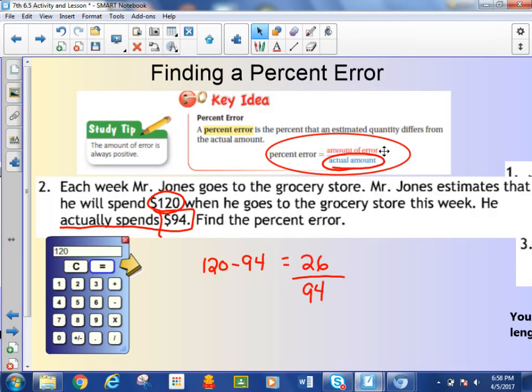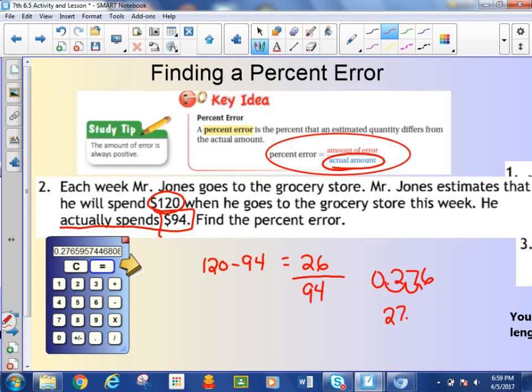Oops, I accidentally hit the plus sign thinking it was a division sign. 26 divided by 94 gives us 0.276. So for percent, two places. Rounded to the nearest tenth it would be 27.6%, or to the nearest percent would be 28%.